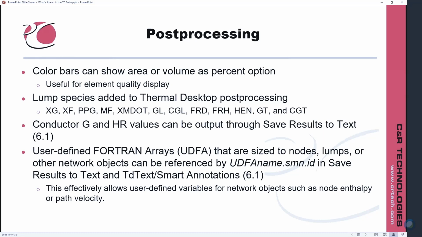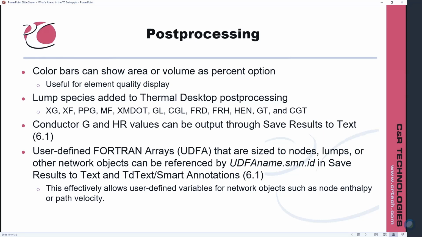And then user-defined Fortran arrays, which are sized to nodes, lumps, or other network objects, can be referenced by the UDFA name dot submodel name dot ID. So instead of having to know the exact element ID or element within the array, you're now assuming that they are aligned perfectly with the node temperatures, lump temperatures, lump pressures, things like that.